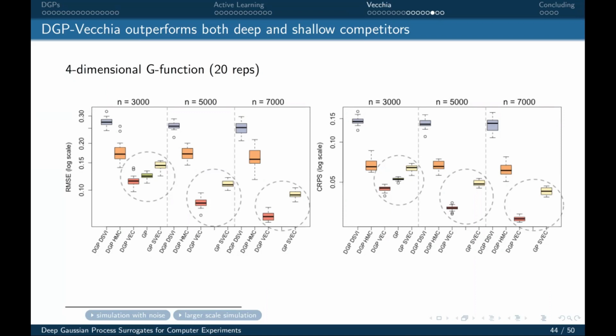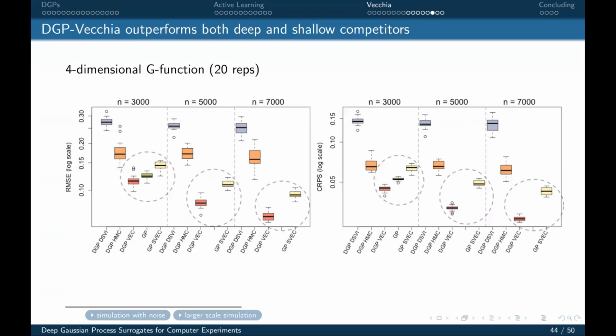But if you go deep with the deep Gaussian process, you gain again. So you're winning the comparison. I can only do this ordinary Gaussian process when there are 3,000 data points. With bigger ones, we didn't even try. Here, our Vecchia approximation is beating the ordinary GP counterparts.